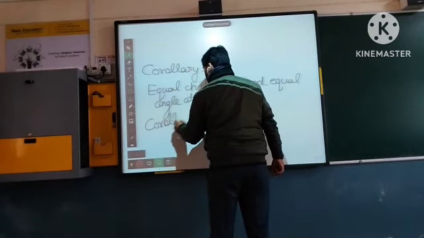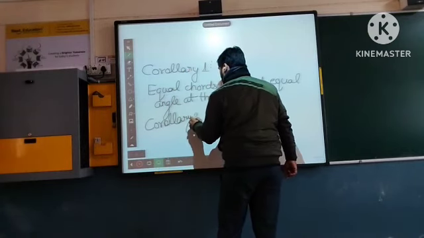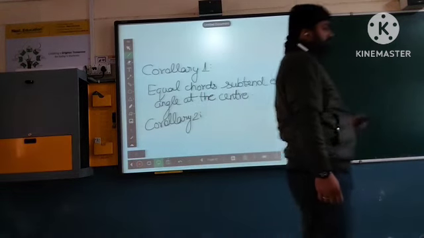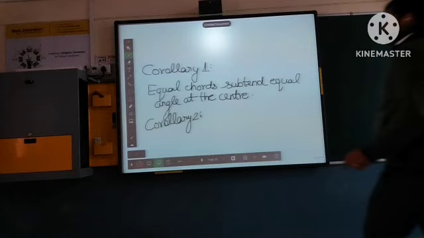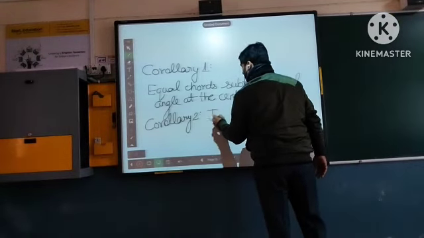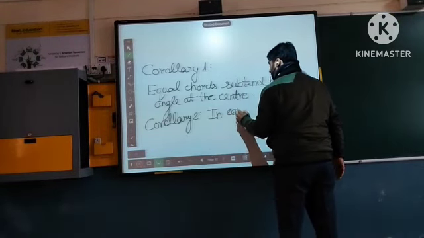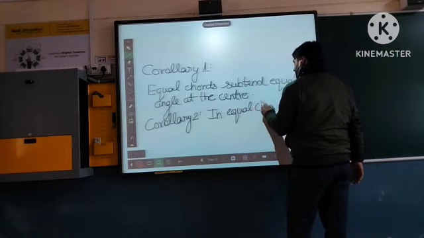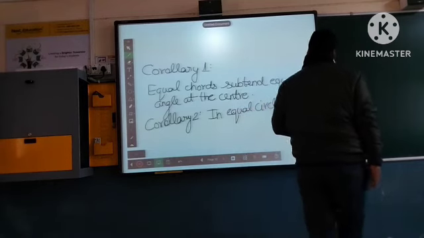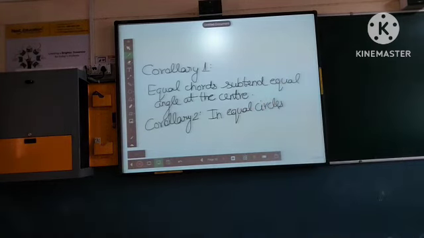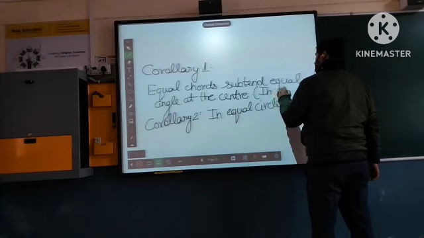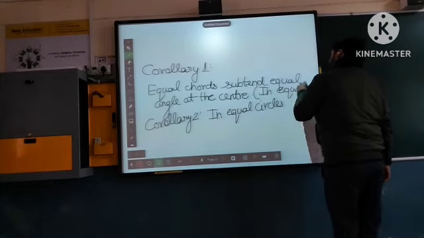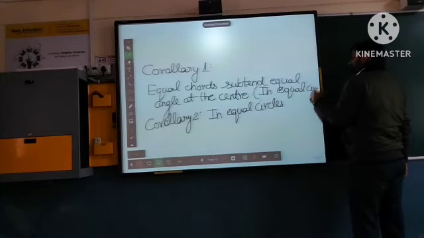Corollary 2 is: equal angles at the center make equal chords in equal circles or in the same circle. So corollary 1 is also for equal circles only. Okay, this is also for equal circles only.